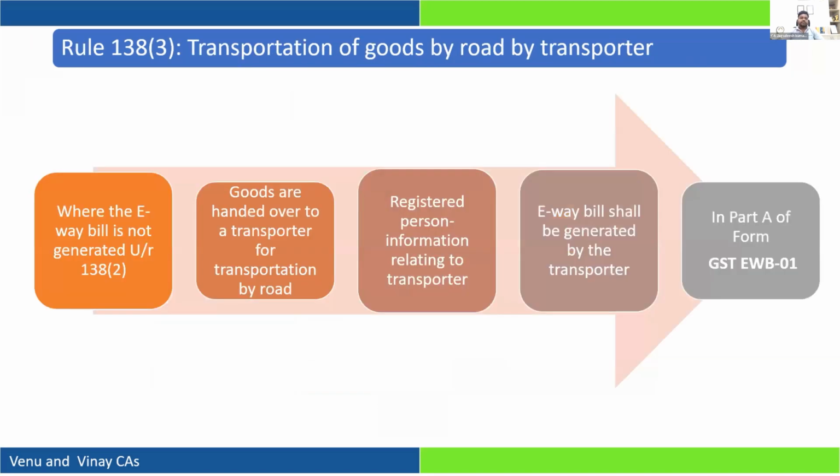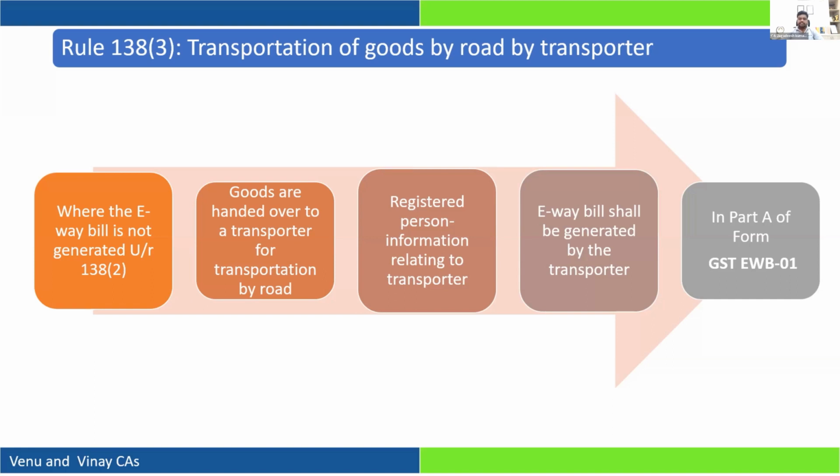So now coming to Rule 138, sub-rule 3, transportation of goods by road by a transporter, where the e-way bill is not generated under Rule 138 sub-rule 2, and goods are handed over to the transporter for transportation. The person who has handed over the goods to the transporter has provided the information about the transport and Part A of the e-way bill.